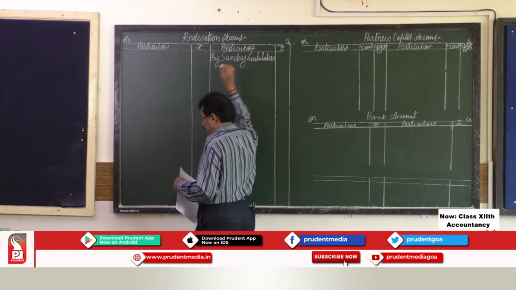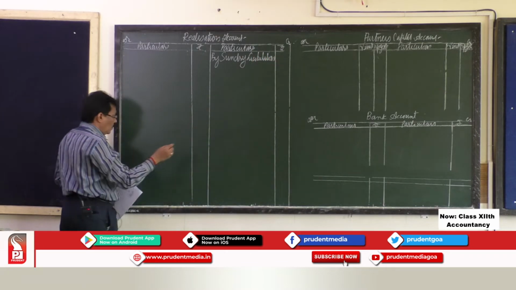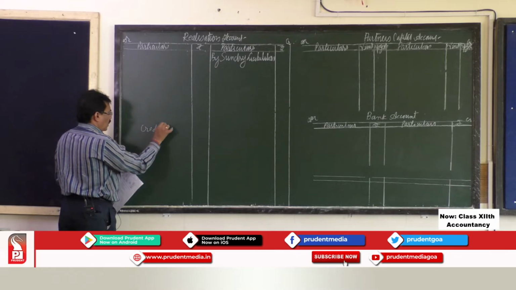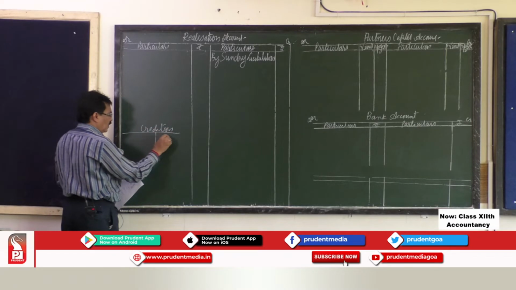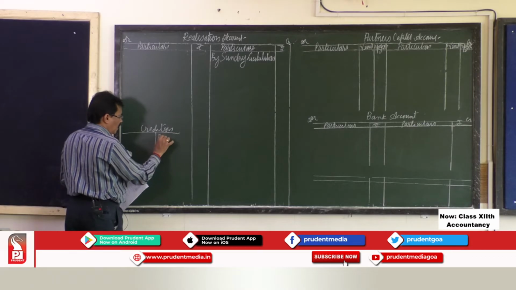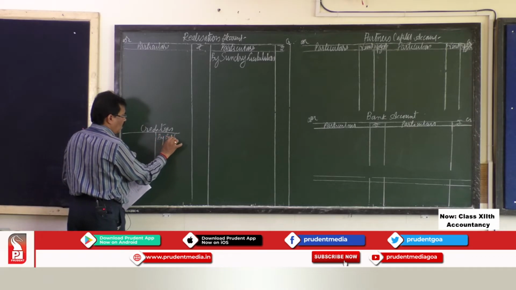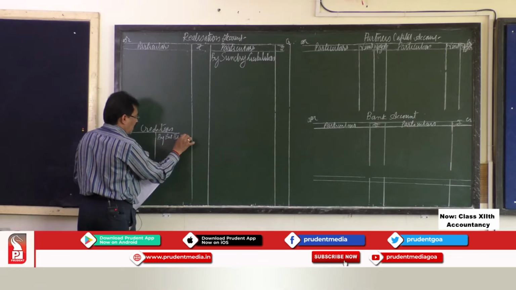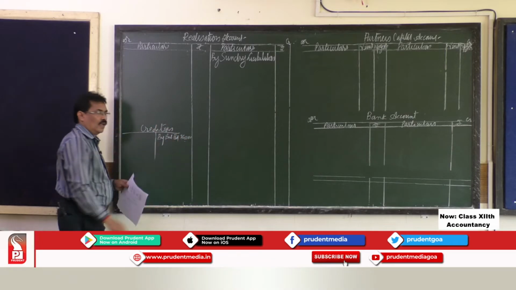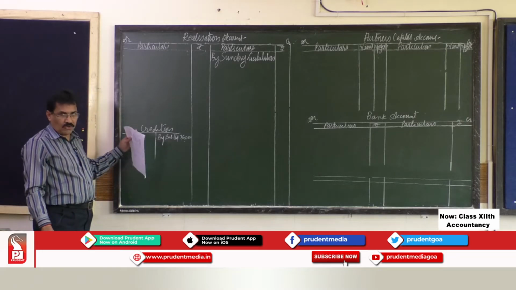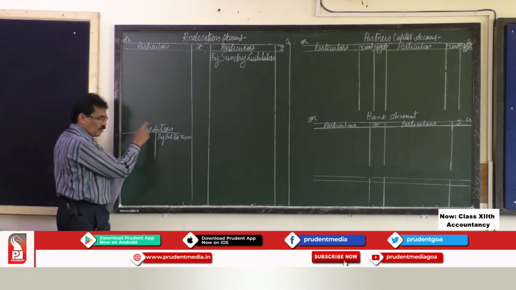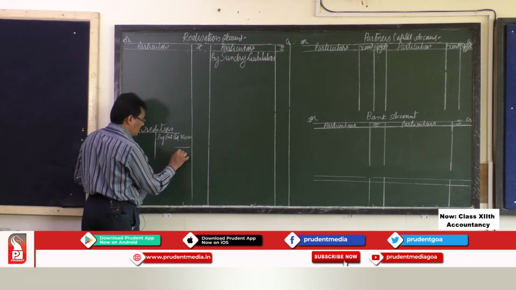As already told, suppose it is a creditors account. Creditors is a liability, and creditors have a credit balance. So, by balance brought down, suppose your creditors balance was 3,60,000. Now, since the firm is closed, you have to close down this creditors account also. To close this, you have to make this balance zero.